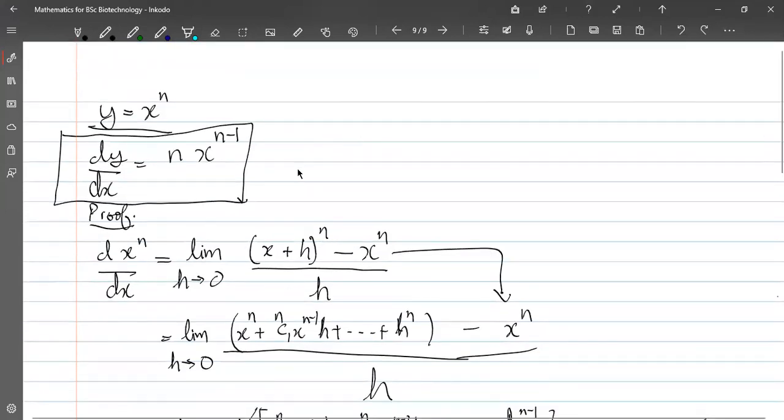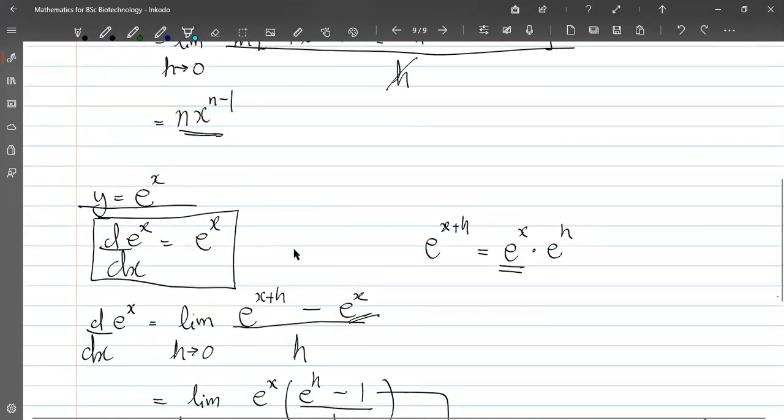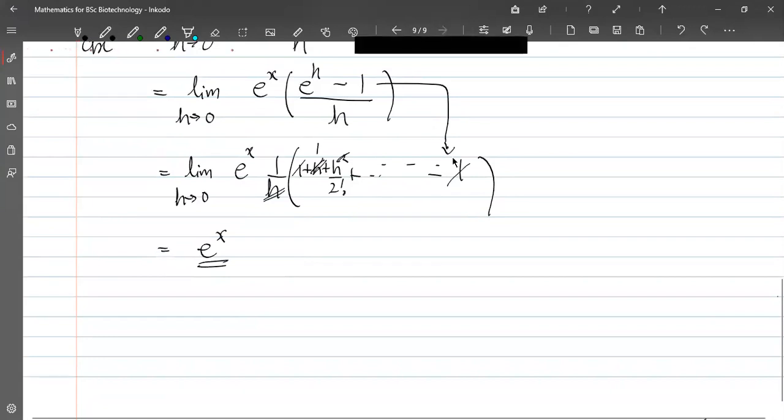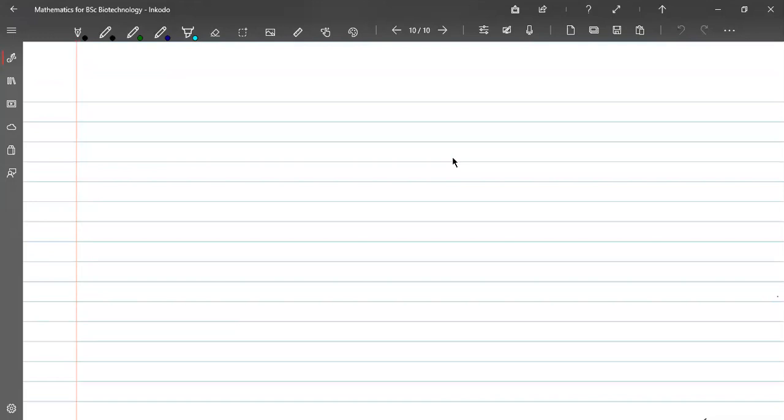So we have found two derivatives, x to the power n and e to the power x. Maybe we'll do two more and stop for today. So two other basic functions: sin x and cos x.